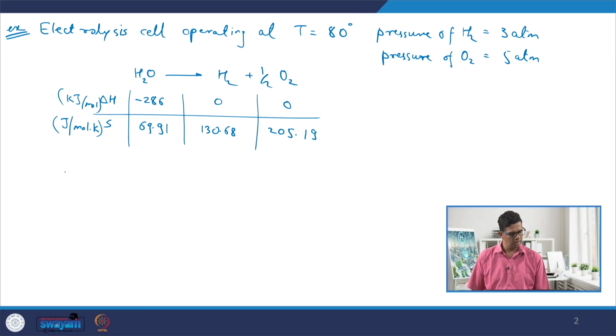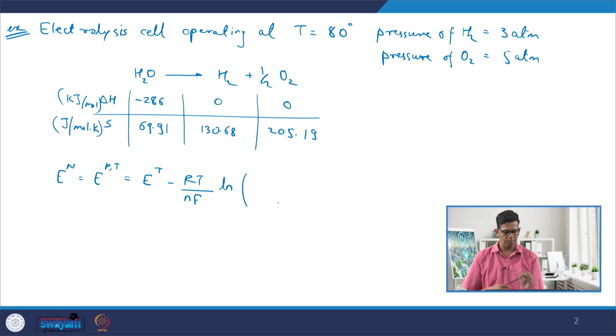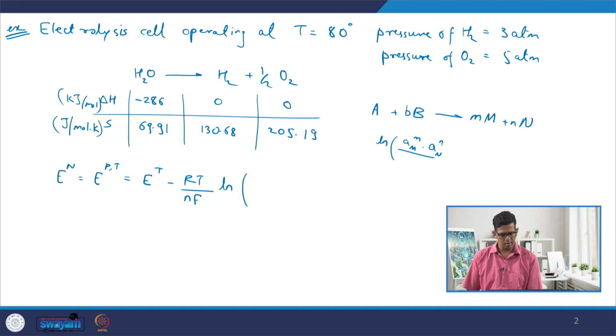We have to find out the Nernst potential. So, we have E_N, which I can also write as E at different pressure and temperature, equals E_T minus RT by nF times ln of, if you remember, our general reaction was A plus B converted into M plus N. In that case the ln term was the activity of M times the activity of N over the activity of A times the activity of B. If you look at this ln term, the numerator is the products, here M and N. So, we have to consider the products on the numerator side.